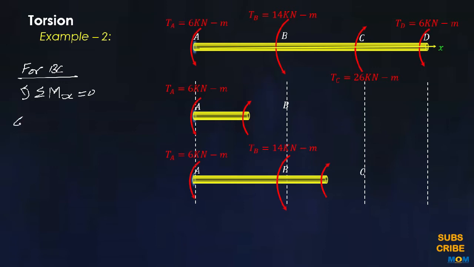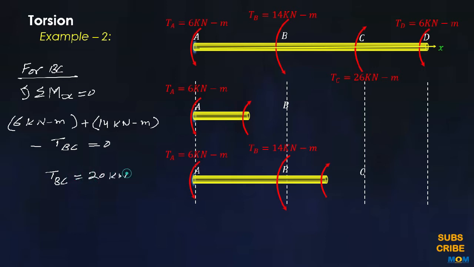So we have 6 kilonewton meter, again plus we have the value of this 14 kilonewton meter, minus TBC equal to 0. So TBC is going to be, after solving this, 20 kilonewton meter.